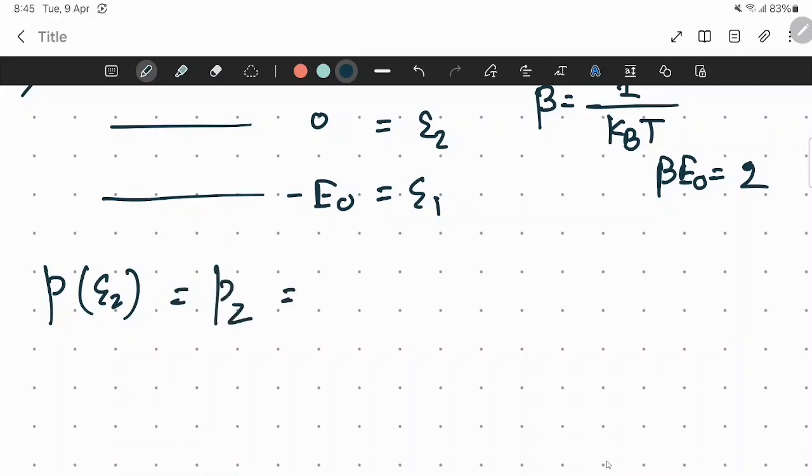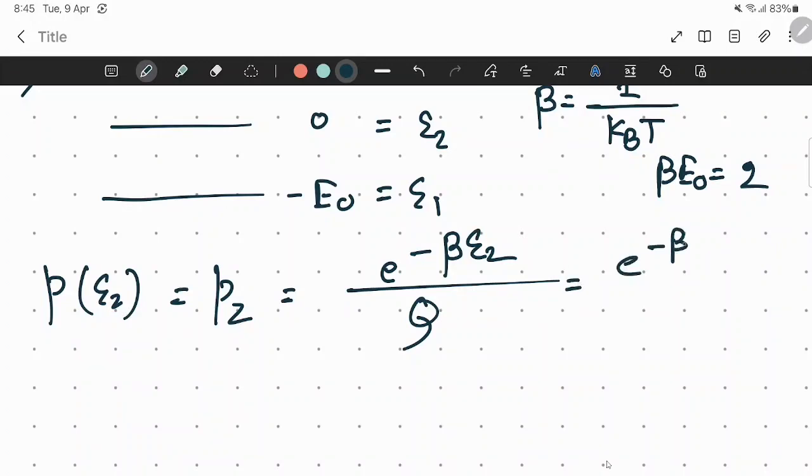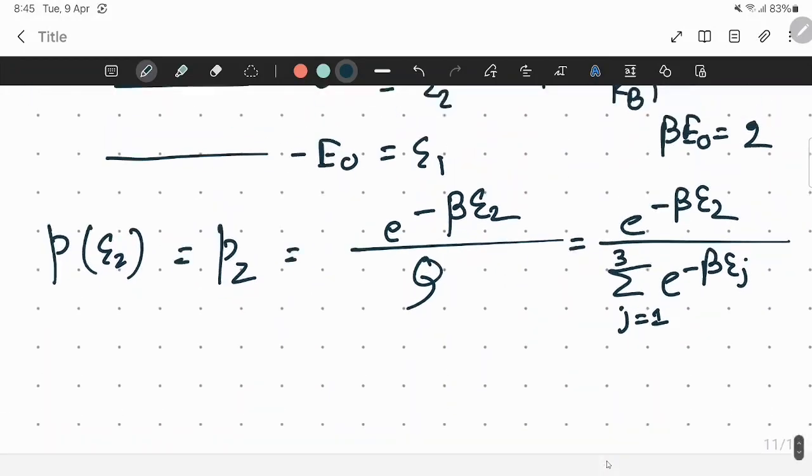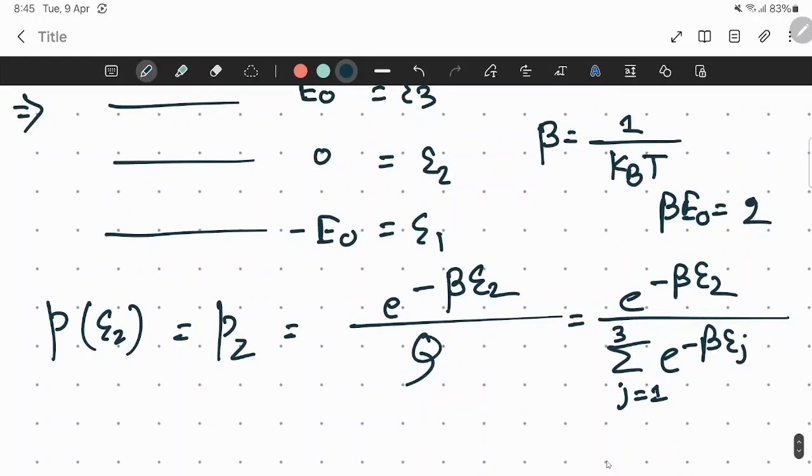We know this is just e to the power minus beta epsilon 2 divided by Q. Q is our partition function. So it is e to the power minus beta epsilon 2 divided by sum over j, e to the power minus beta epsilon j, j equals to 1 to 3. Correct. Now epsilon 2 is 0.